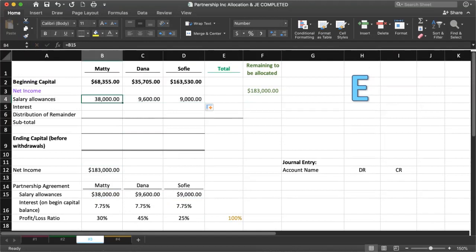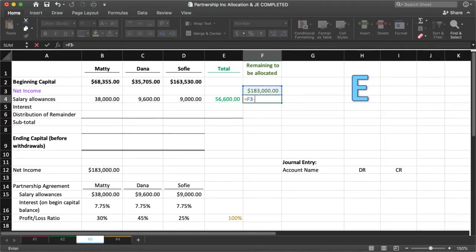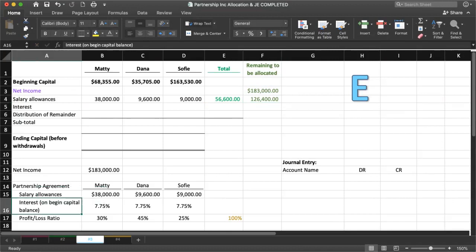All right, so these are the salary allowances, and the total salary allowances is $56,600. So after the salary allowance, then there is $126,400 still to be allocated. So we've allocated already the salary allowances. Now we're going to do the interest.